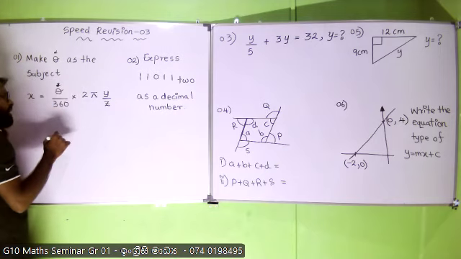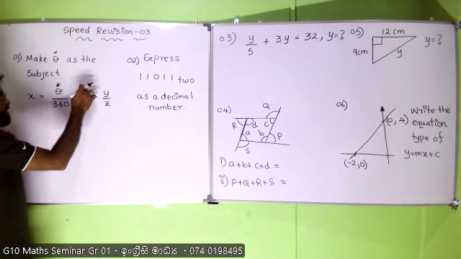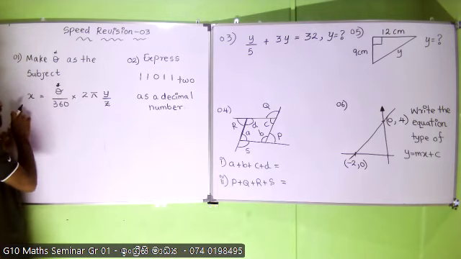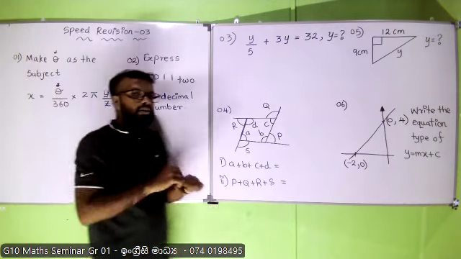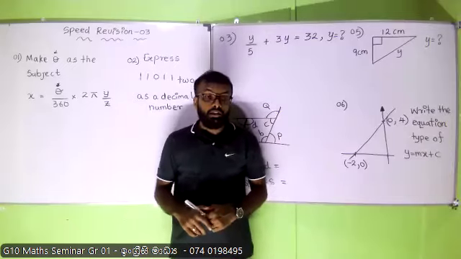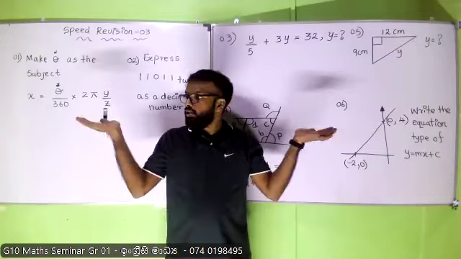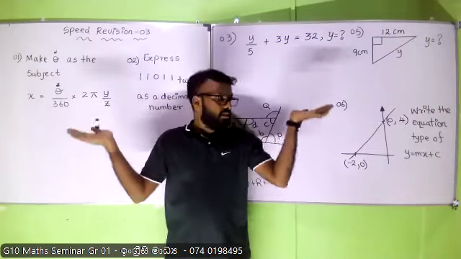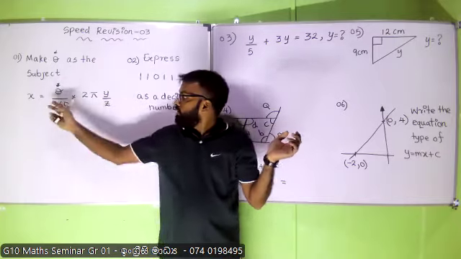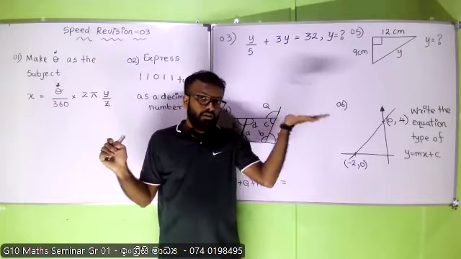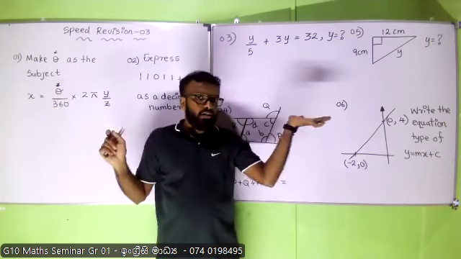If you can remember the last few things that I gave you: numerator things go to the denominator of the other side, denominator things go to the numerator of the other side. Think of this as a balance. This is the left hand side, x is in my right hand side, and this whole term is in my left hand side because theta is in my left hand side now.